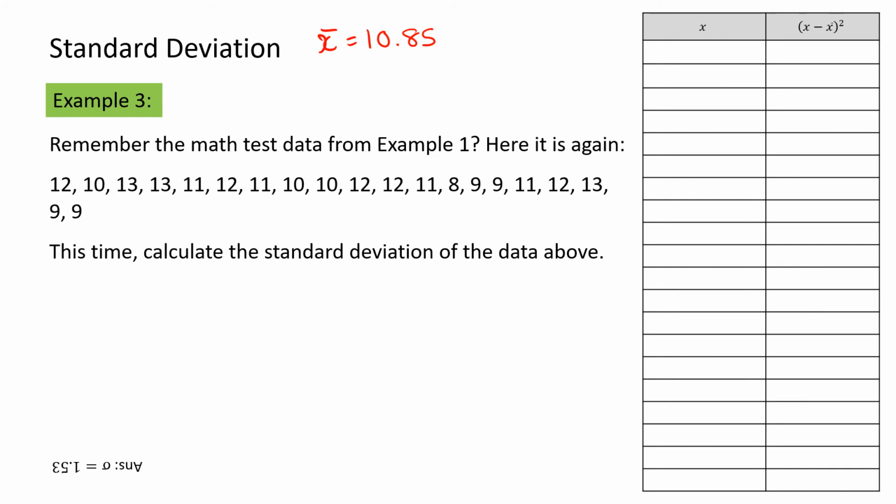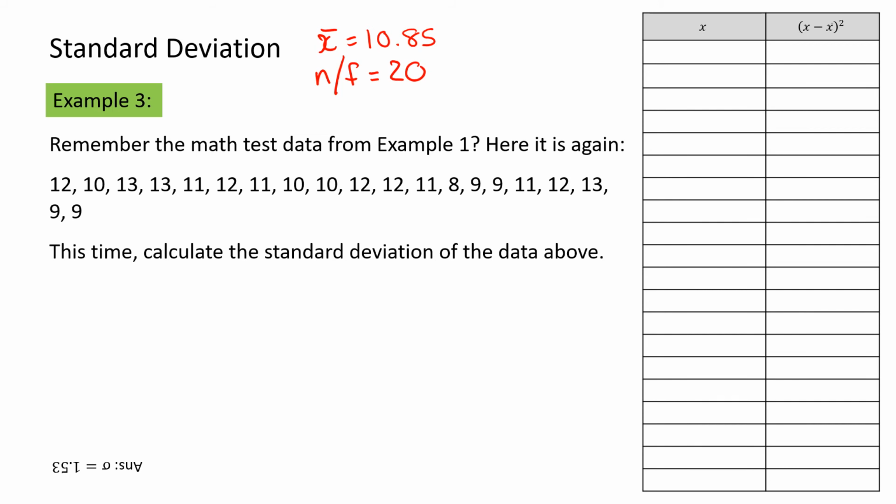We also know the total number of data values, which is n in the standard deviation formula, or you saw it as f, it's either one, was equal to 20.